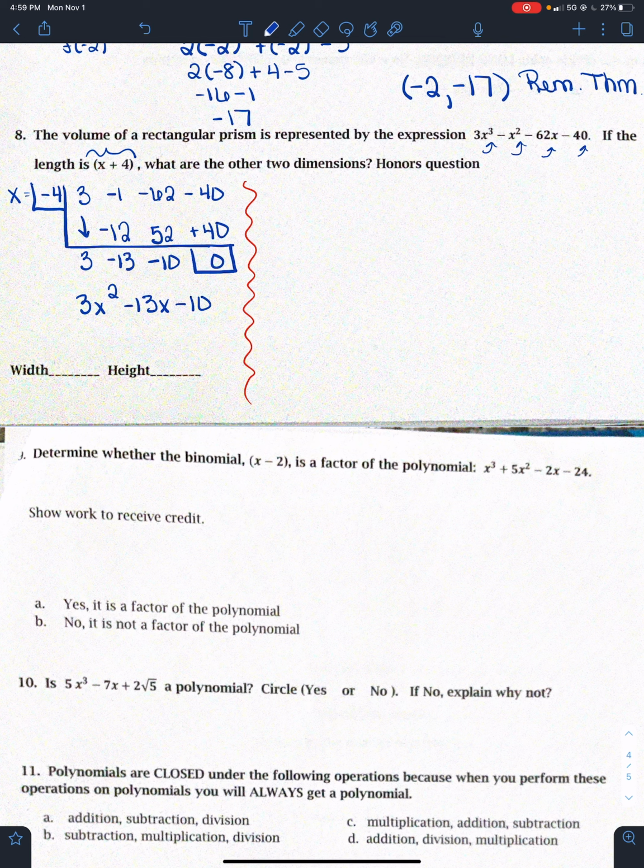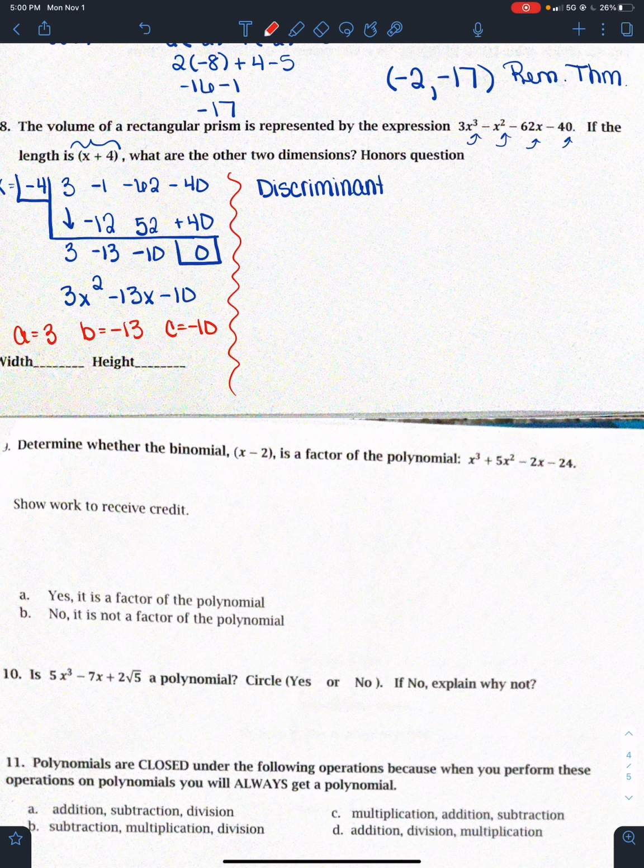Okay, so the first thing I'm going to do is I'm going to go ahead and simplify the discriminant of that trinomial. Okay. So A is going to equal 3, B is -13, and C is -10. Okay. So for the discriminant, we have B squared minus 4AC, so -13 squared minus 4 times A times C.